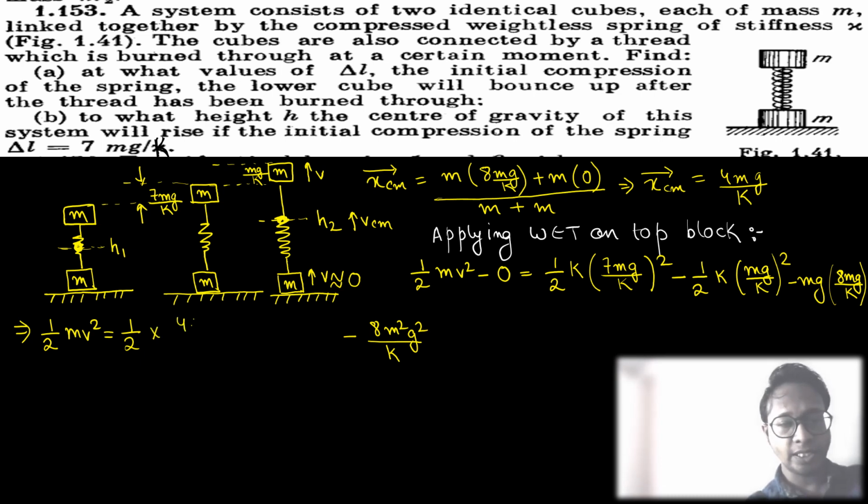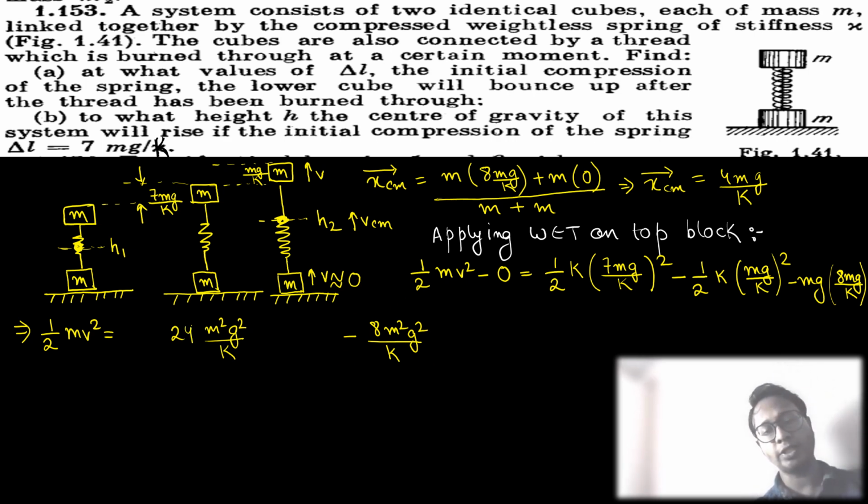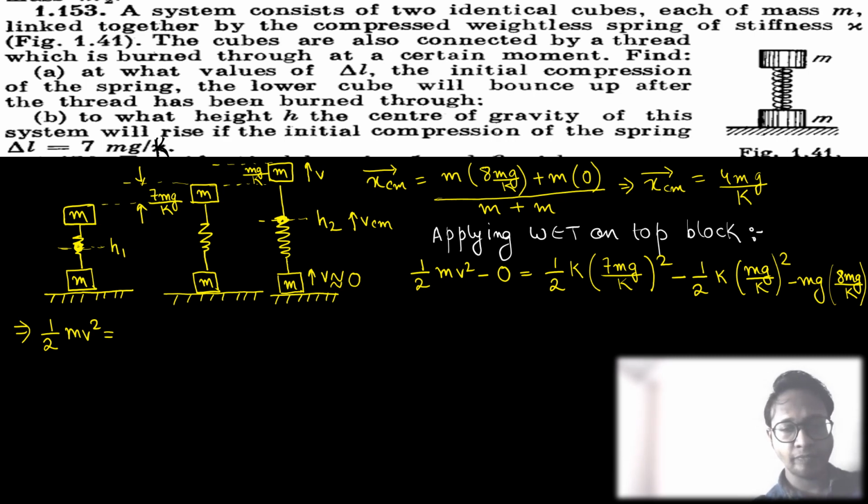Half of 48 is 24, so 24 m square g square by k, minus 8 m square g square by k is nothing but how much? 24 minus 8 is 16, so it would be 16 m square g square by k, or half m v square.